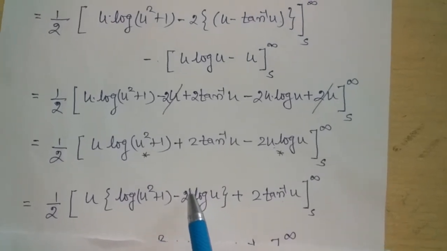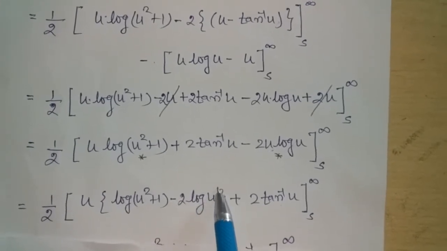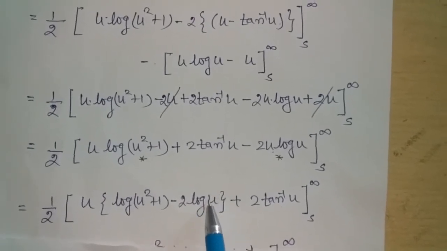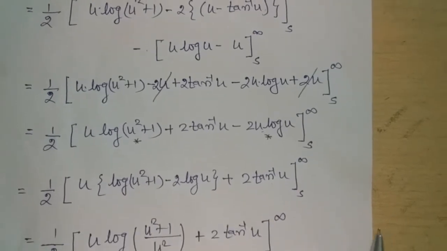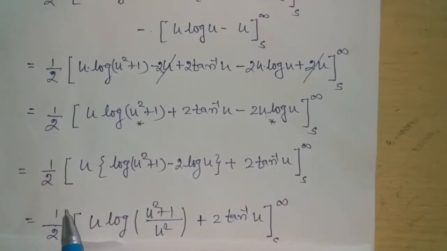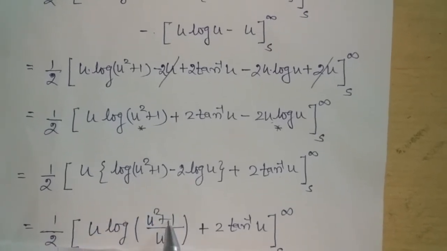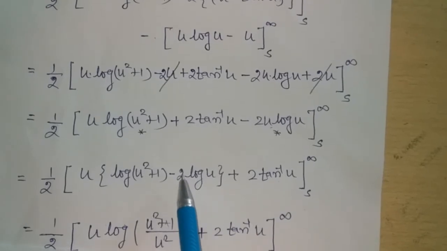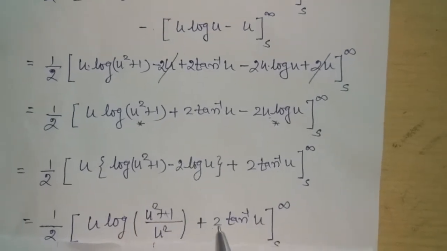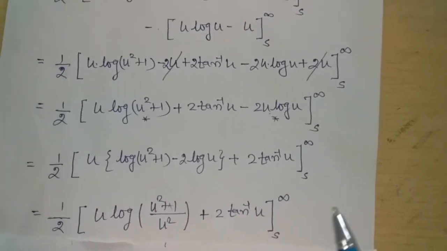Now here this 2 goes in the power of u using the property of log, and we have log m minus log n is log m/n, so we get 1/2 [u log((u² + 1)/u²) + 2 tan⁻¹u], the limit of integration.